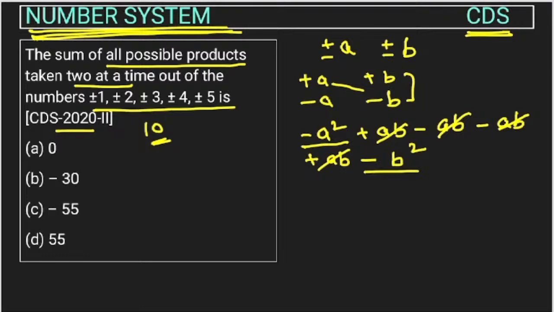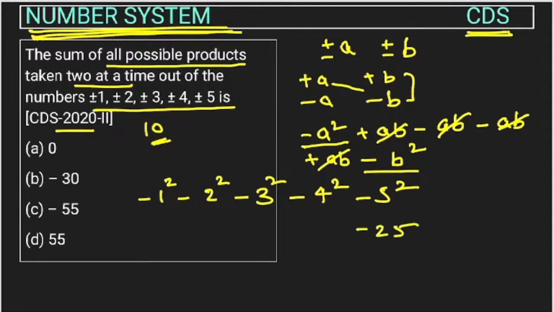So if you directly use this, we can write that the answer of this will be minus 1 square, minus 2 square, minus 3 square, minus 4 square, minus 5 square, right? So this will be 25, this will be 16, this will be 9, 4 and 1, right?